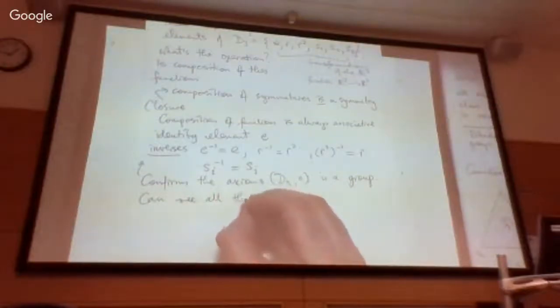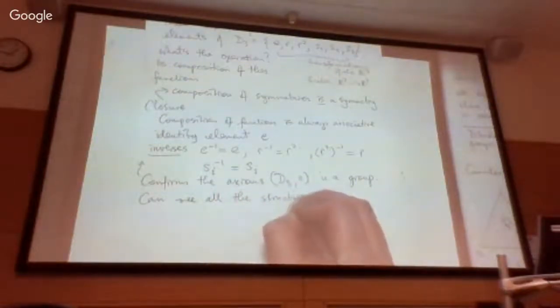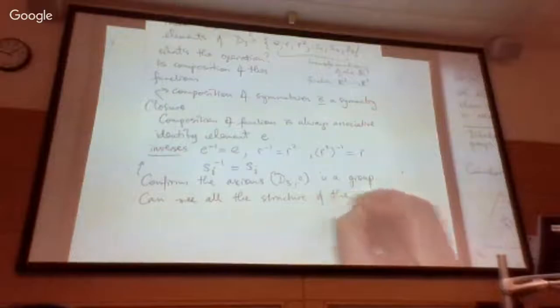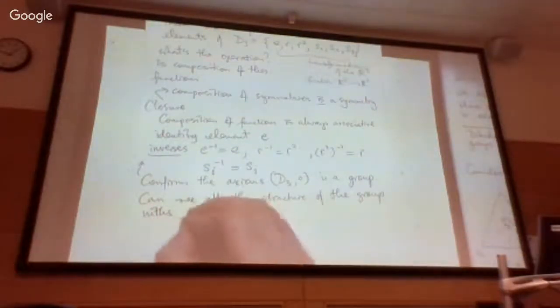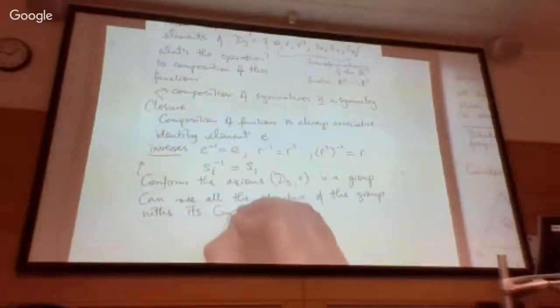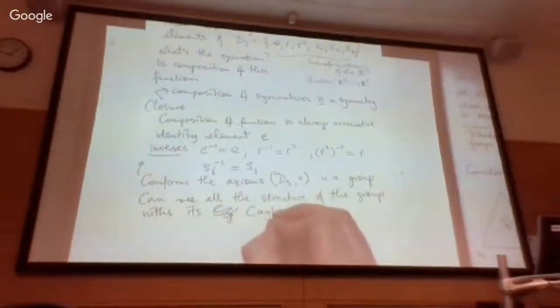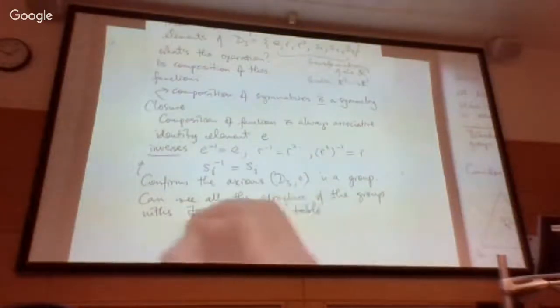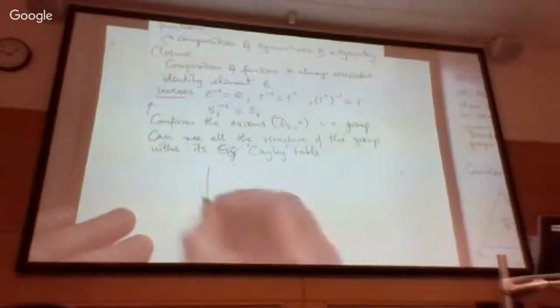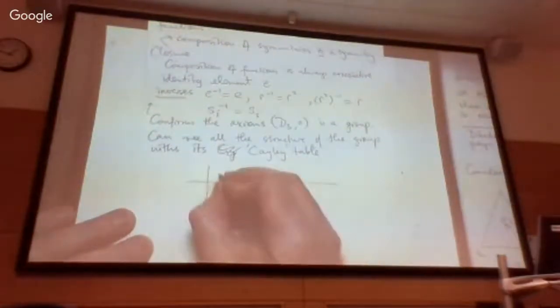You can see all the structure of the group with its multiplication table, what's called its Cayley table. They're named after a mathematician, Cayley. In principle, you can generate one of these for any group.